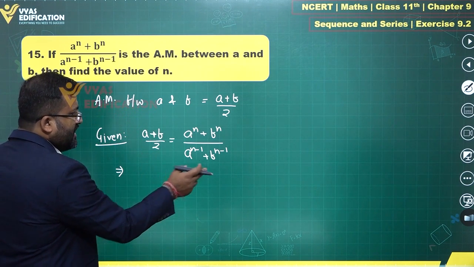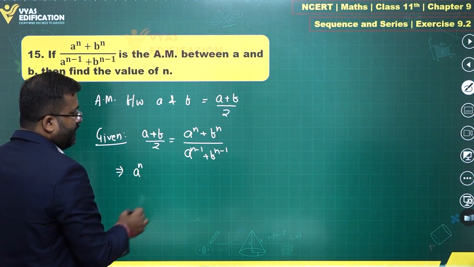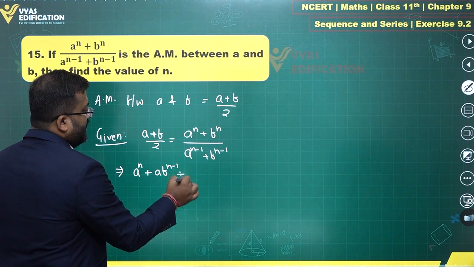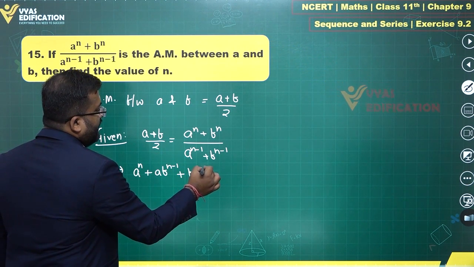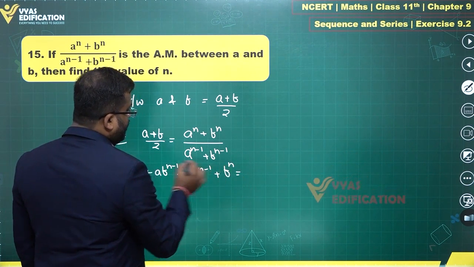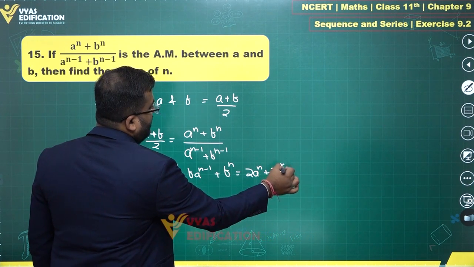Let's solve this. Multiplying these two, this is a times a^(n-1), which will be a^n, plus a·b^(n-1), plus b·a^(n-1), plus b^n, which will be equal to 2a^n + 2b^n.